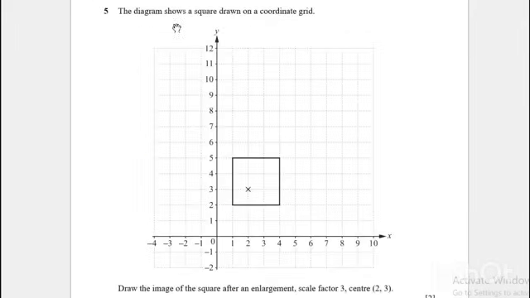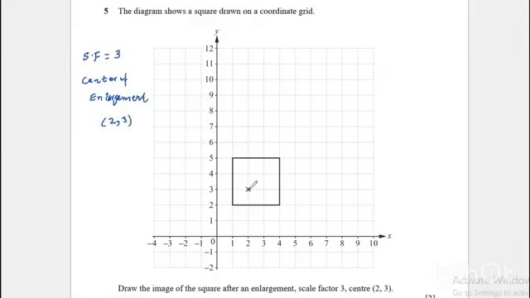Next, question number 5. In this question the diagram shows a square on a coordinate grid. We have to draw an image of the square after an enlargement of scale factor 3. Remember, the scale factor is 3 and the center of enlargement is 2 comma 3, as mentioned here.